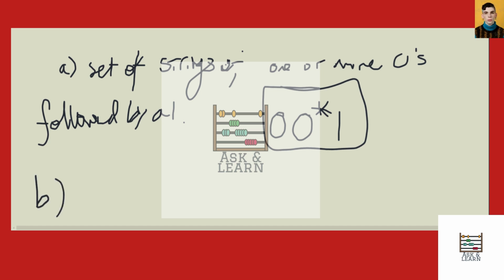In part B, we are given the set of strings of 2 or more symbols followed by 3 or more zeros.